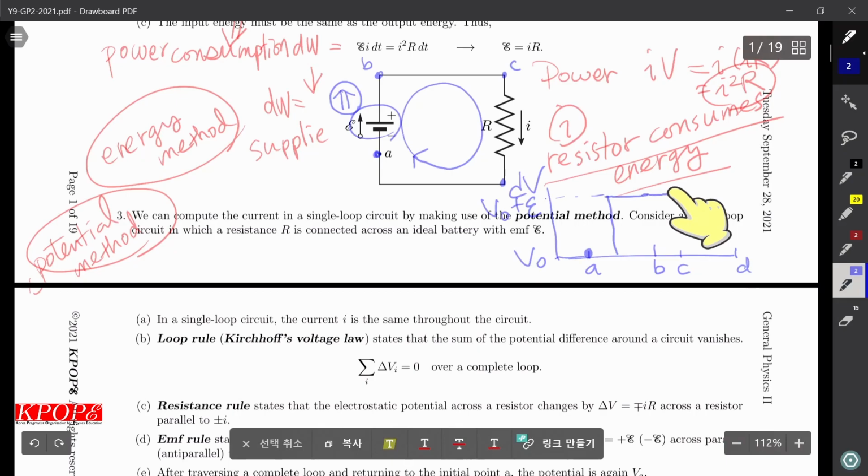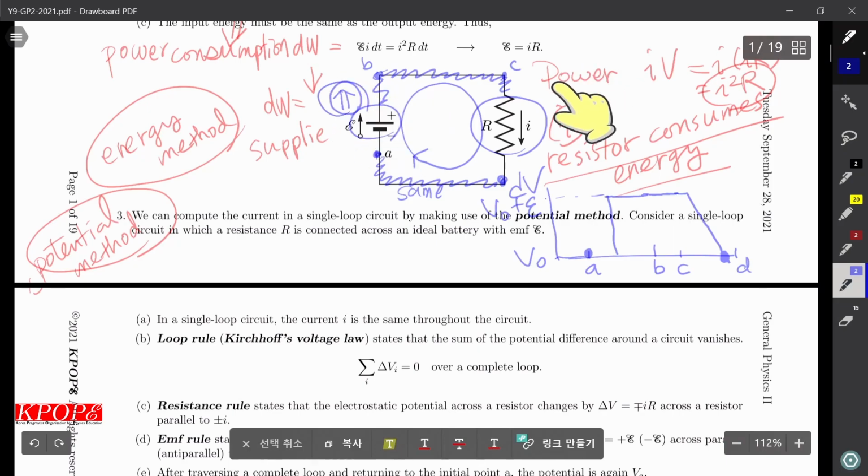The potential stays the same, but when we pass the resistor, the potential goes down, and we return to the same potential. Here the potential is the same, and here too.